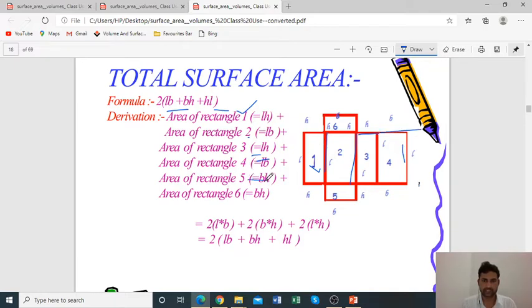Area of rectangle 5 is breadth times height. Area of rectangle 6 is breadth times height. So in this calculation, 2 times length times breadth, 2 times breadth times height, and 2 times length times height. So the total surface area of a cuboid is 2 times (length times breadth plus breadth times height plus height times length).